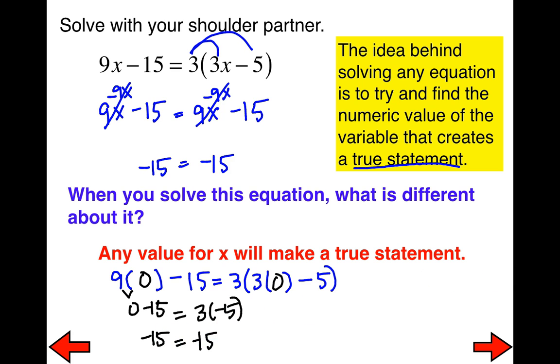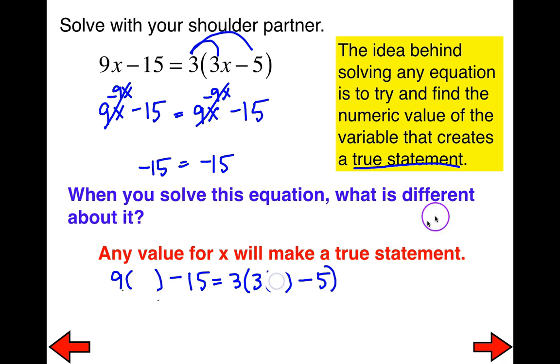Perfect. Now, let's try another number. Let's try maybe 1. 1 seems to be a pretty easy number. So here, let's put a 1, another 1 here. Here we have 9 minus 15 equals, here you have to do what's inside the parentheses first, that's 3. 3 minus 5 is going to be negative 2, so 3 times negative 2.